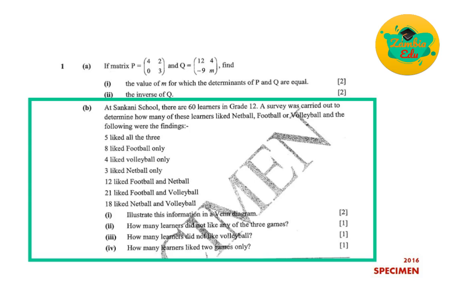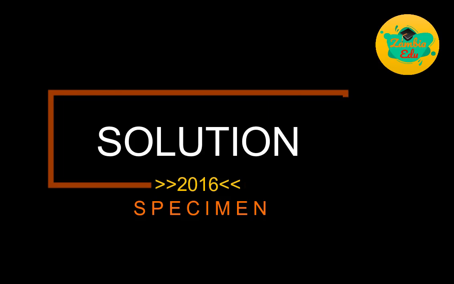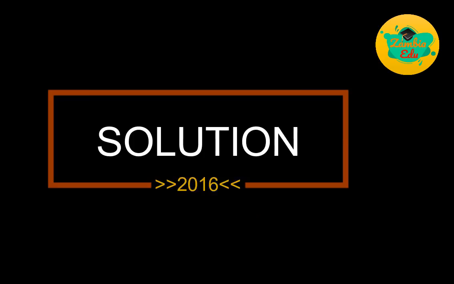So information has been given to us, so we illustrate it in a Venn diagram. So we'll go on.